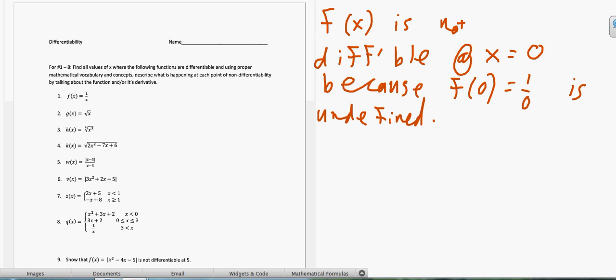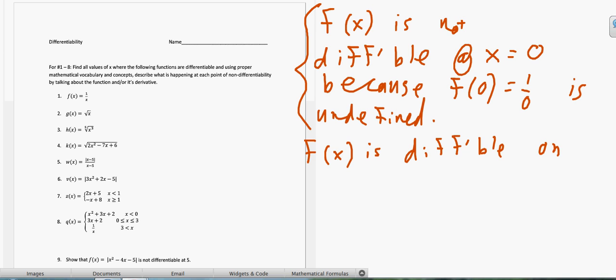Now, the question said find all values where f is differentiable. Just like with continuity, it's easier to find out where it's not differentiable and then list out the regions. It's not defined at that point, so that's fine, and we can say that f is differentiable everywhere else.